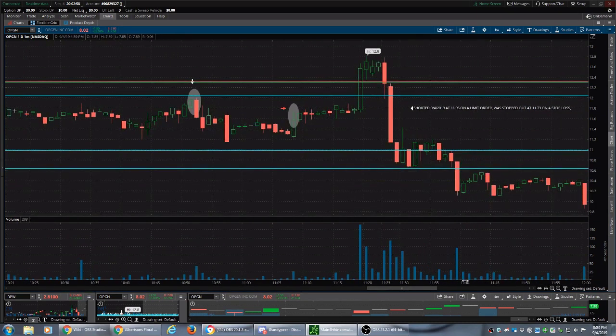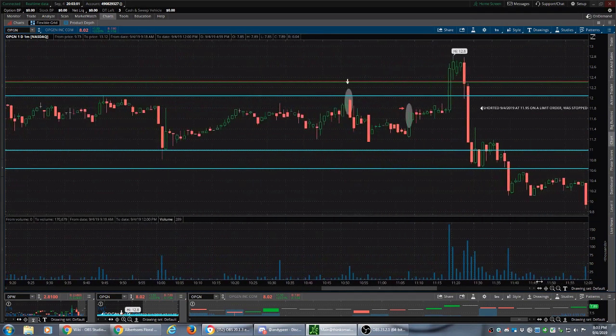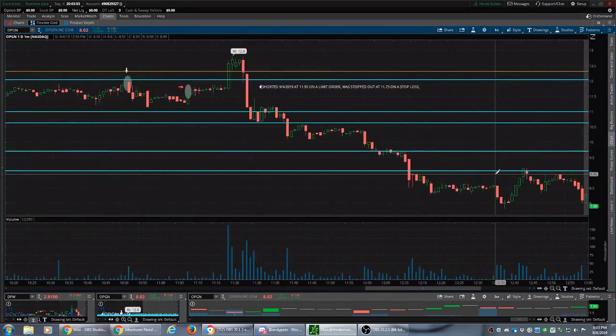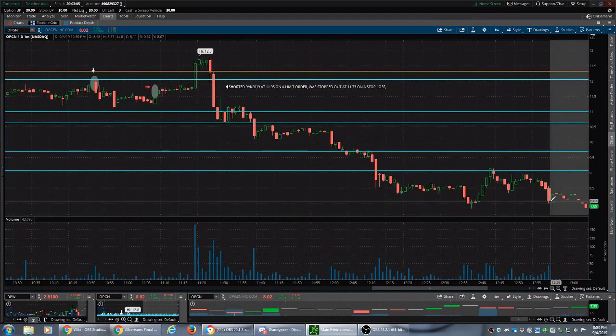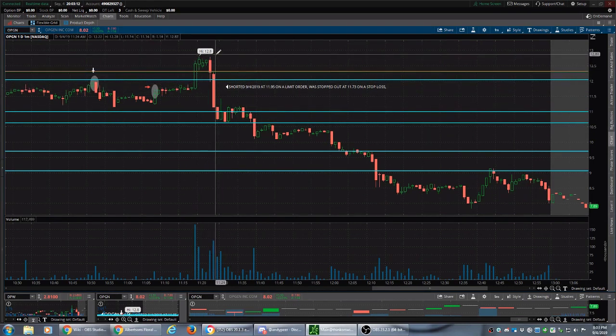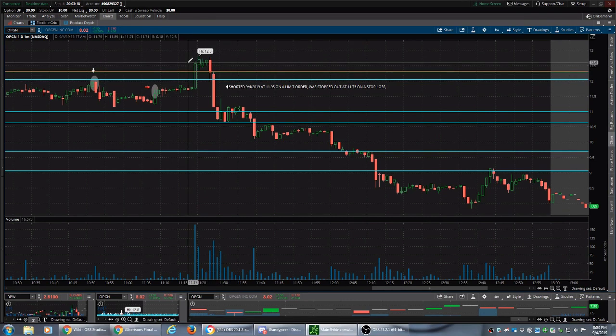So it closed the day down here at $8, and I was in at $11.95. If it wouldn't have been for this spike right here, I would have had a really, really healthy trade.